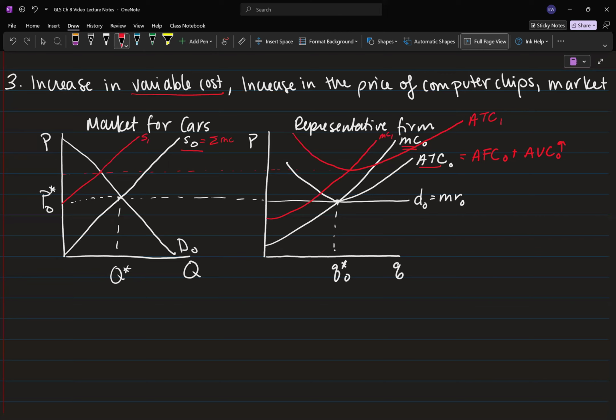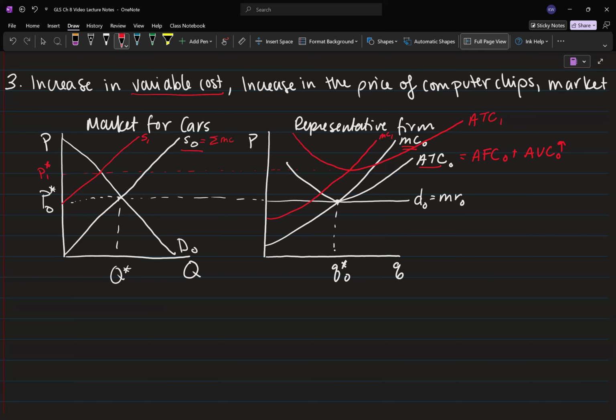It's going to account for the changes in each firm's costs and represent that on the market side. Okay, so what we're going to see is with that decrease in supply, that negative supply shock. So an increase in input costs is going to cause a negative supply shock.